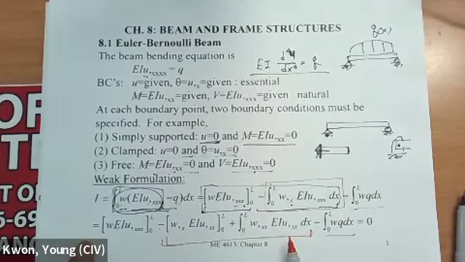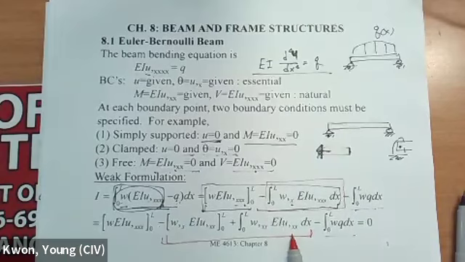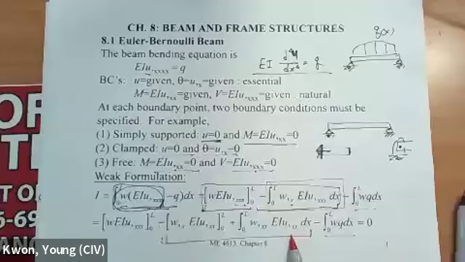It makes it simpler, so you can pick a much simpler function. Of course, mathematically it has to be a little more elegant, but that gives you a quick sense of it. So much simpler shape functions can be picked using the weak formulation.